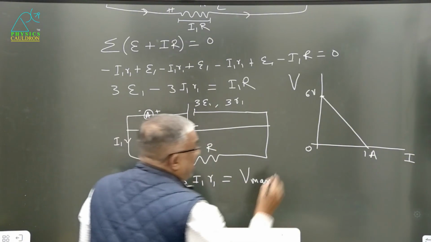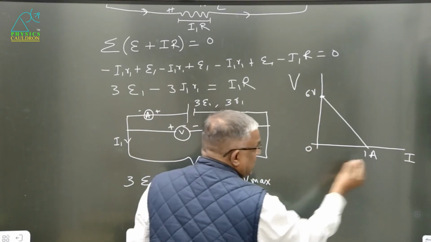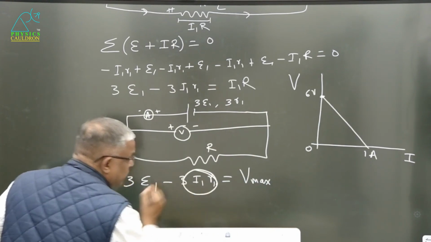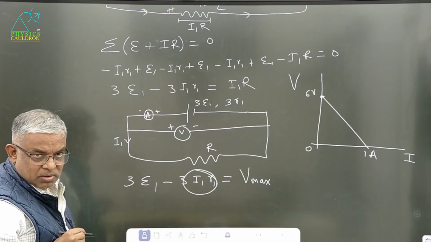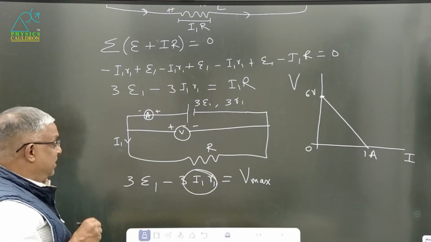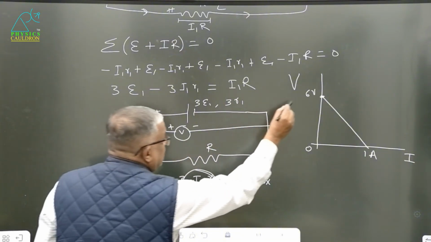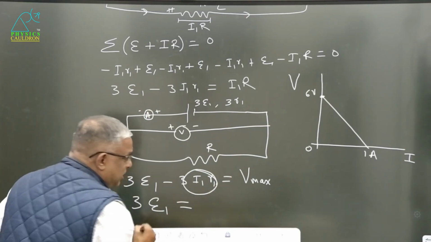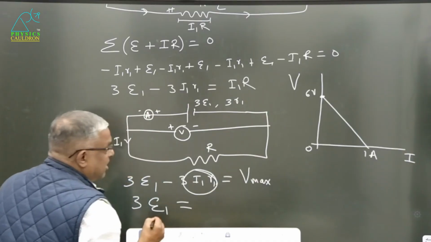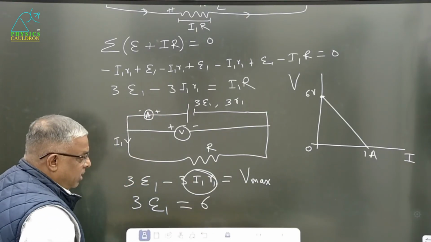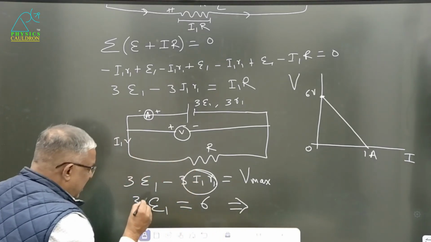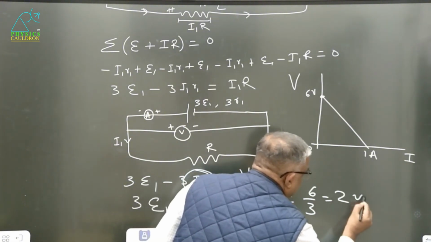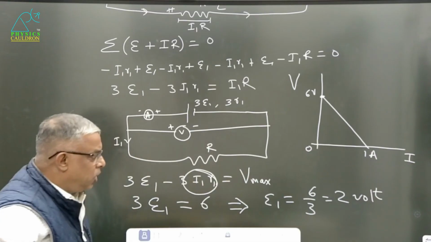Remember, when the potential difference is maximum, the current is 0. That means if the current is 0, this term should become 0, which means the maximum potential difference is actually 3 times E1. And here in this circuit it is 6 volt. This clearly implies the EMF of a single cell is 6 by 3, which means 2 volt.